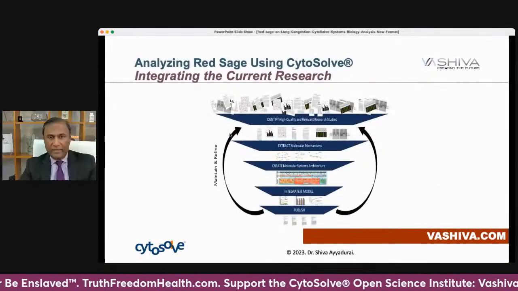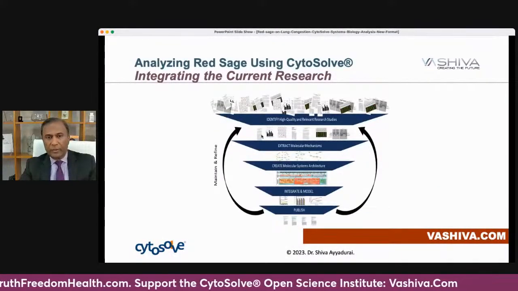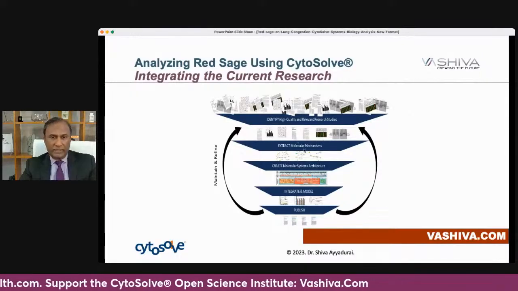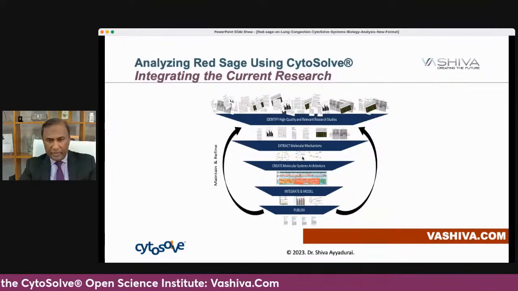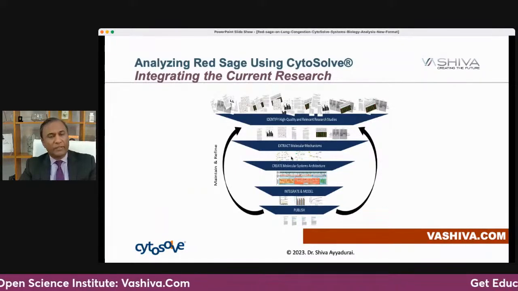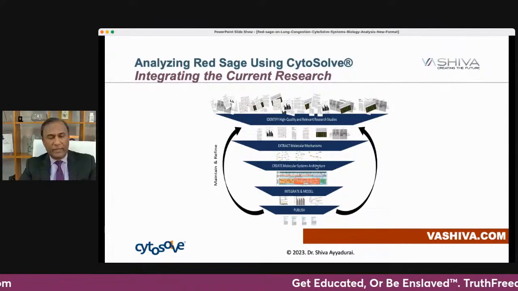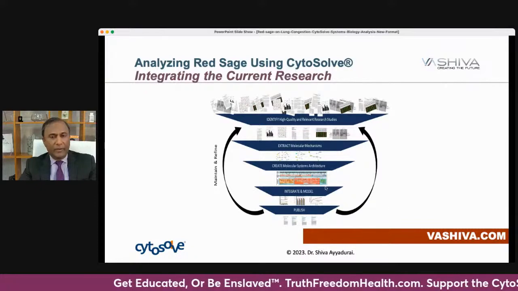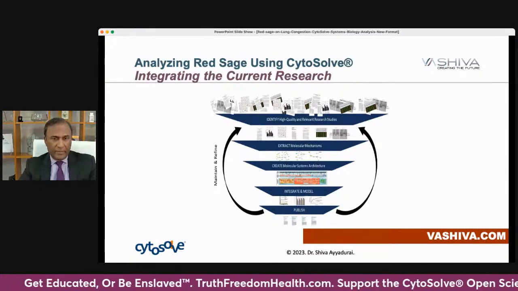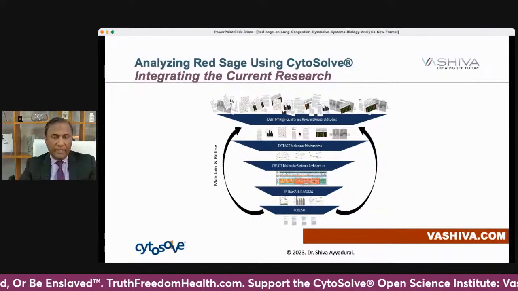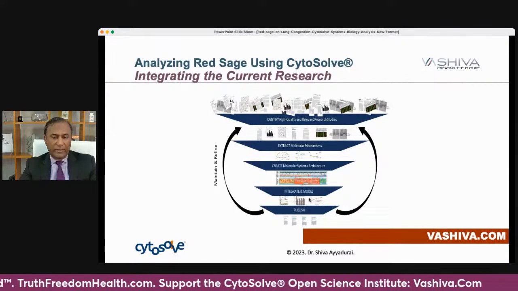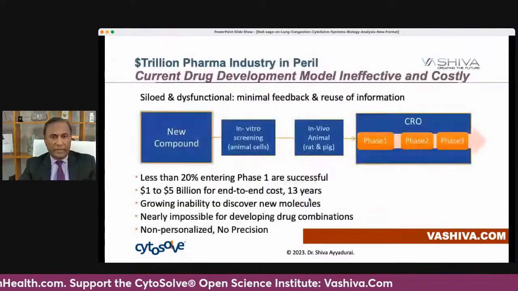CytoSolve takes all of this research, and we extract out the relevant ones, in this case dealing with lung congestion. It's a little bit hard to see here, but we extract out the molecular mechanisms, which means all the chemical reactions where red sage affects lung congestion. Then we understand systematically what all those molecular mechanisms are, which I'm going to share with you. There are 5 of them. And then how red sage affects those molecular mechanisms. And then we share that knowledge with you.